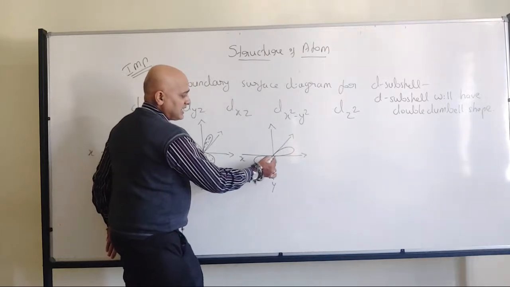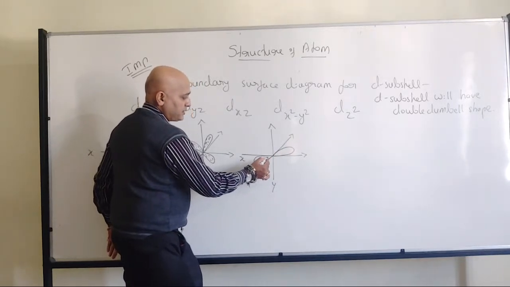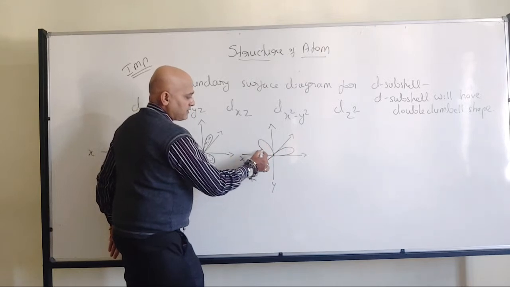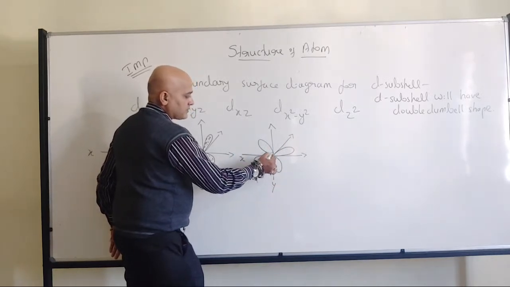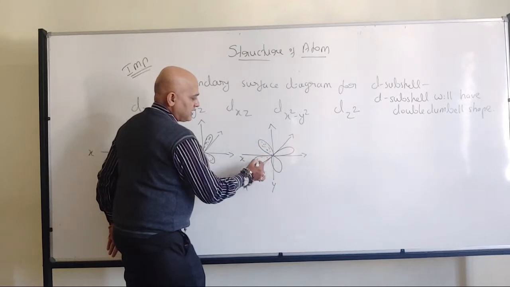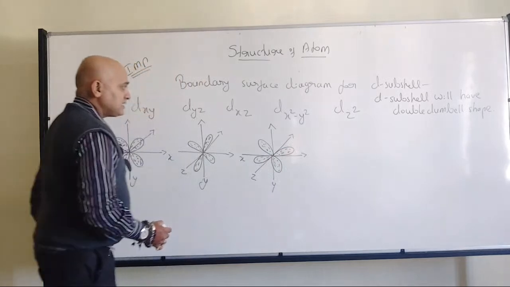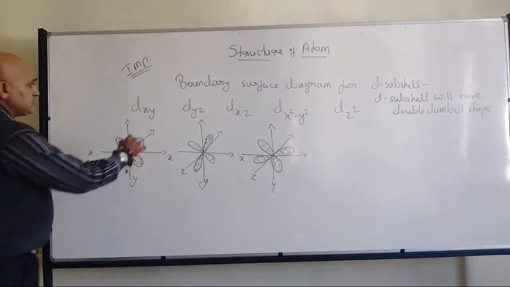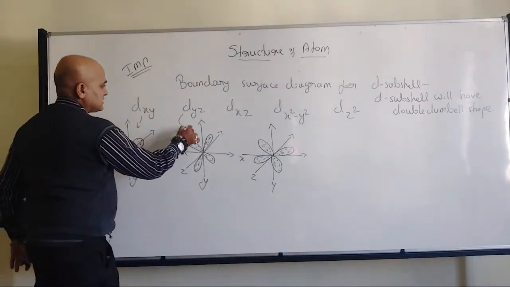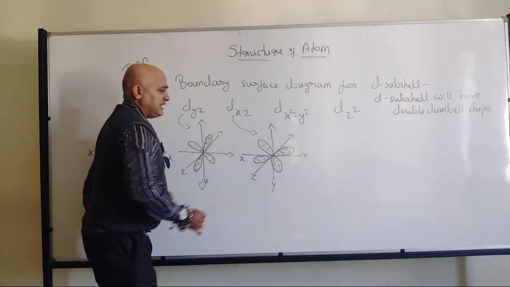Okay, so x and z axis I have shown between them, and another one will come here. So that's where I have the another thing. Okay, so dxz.